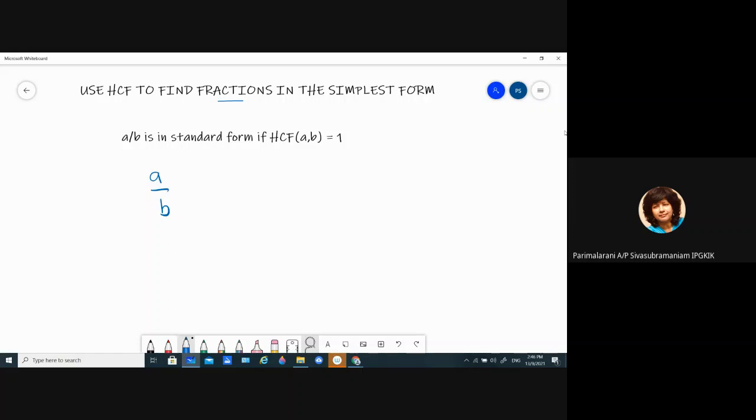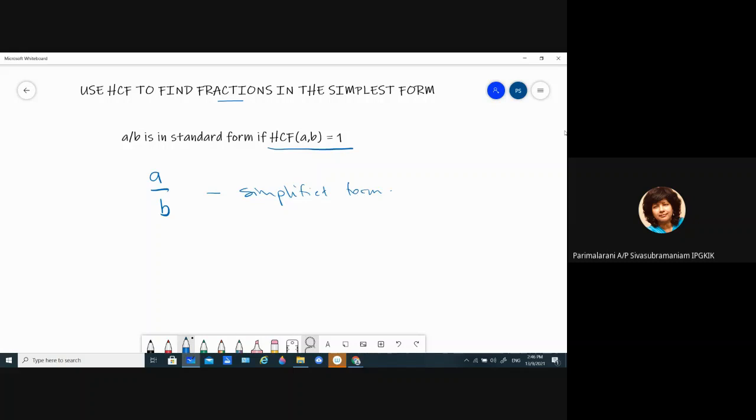Or we can say they are in the standard form if the HCF of A and B is 1. That means the highest common factor is 1. In other words, A and B are in the simplified form. If A and B are in simplified form, then it is already in standard form.